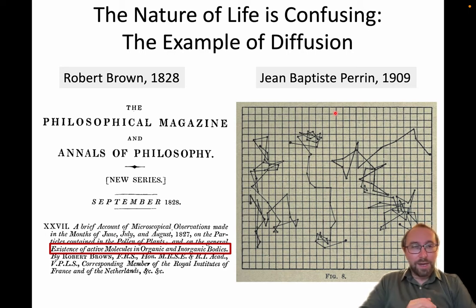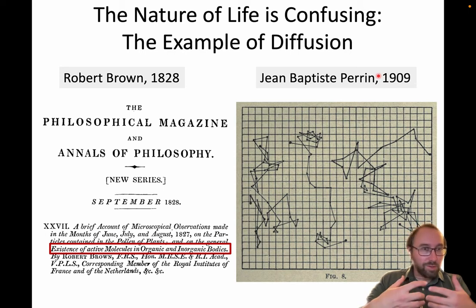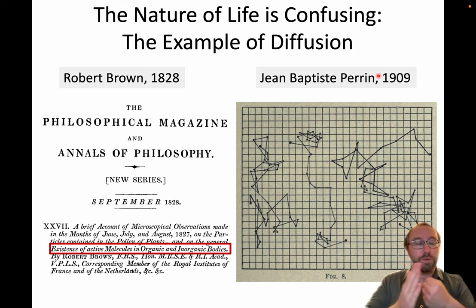It wasn't until the 1900s, with Jean-Baptiste Perrin and Albert Einstein, that we started figuring out that diffusion wasn't the result of an energy-consuming process, but just the result of collisions between different molecules in a solution that otherwise is in equilibrium.